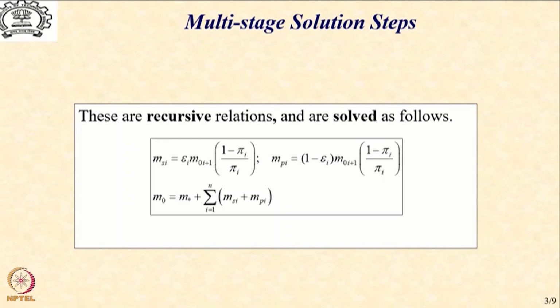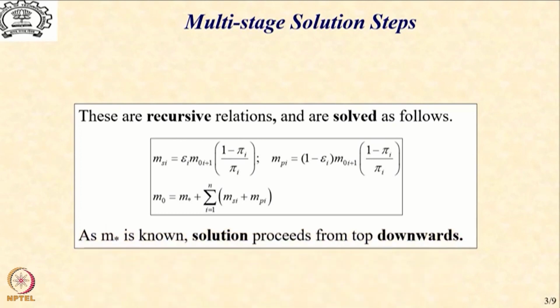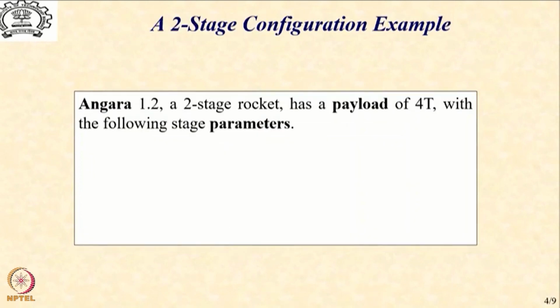You can see that if I have epsilon i and pi i, I can solve for the mass configuration of the complete rocket, including the liftoff mass. And because m star is known, as I have mentioned, the solution proceeds from top downwards. So this is how the design solution proceeds for obtaining the overall rocket configuration.